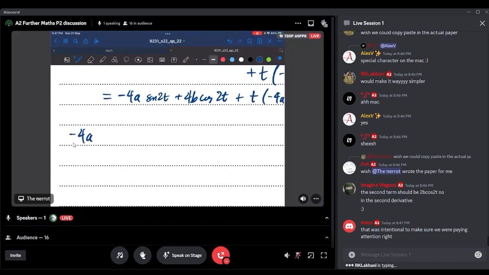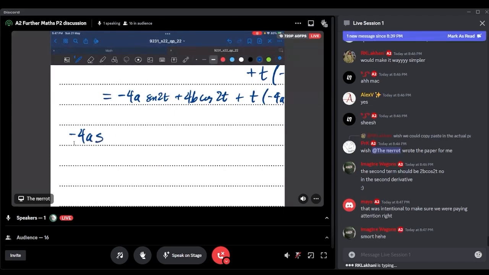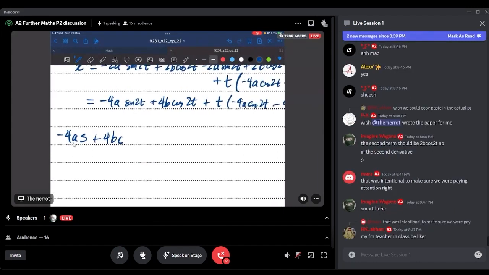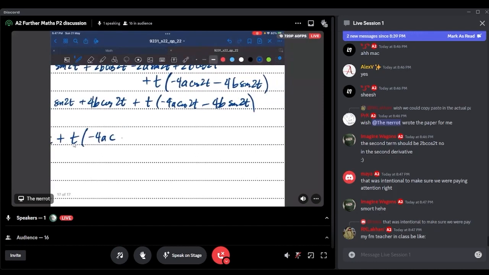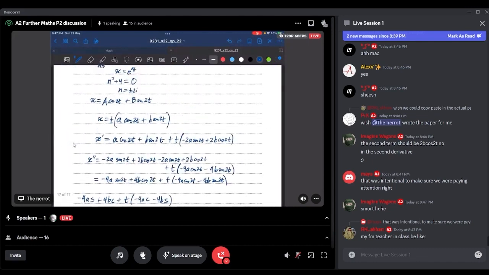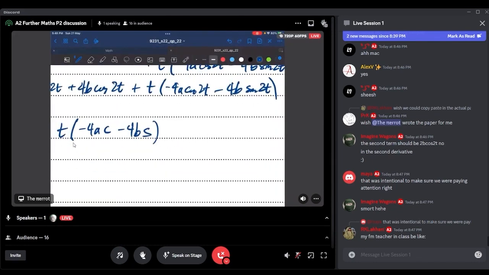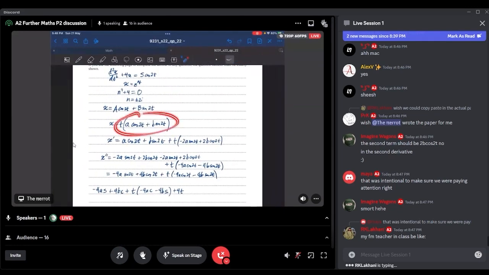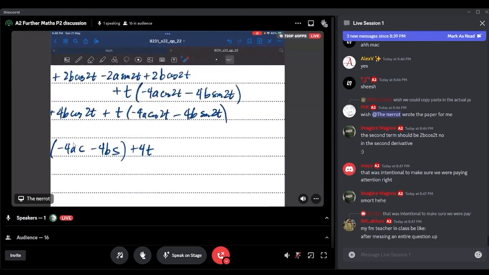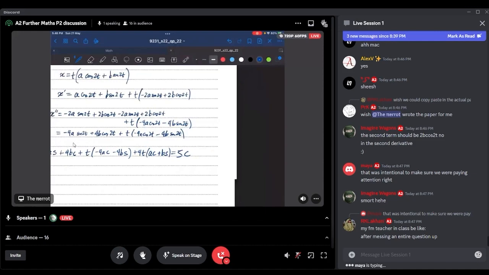So minus 4as plus 4bc plus t times minus 4ac minus 4bs, and then plus 4 times x, which is ac plus bs. So ac plus bs is equal to 5c, right here.